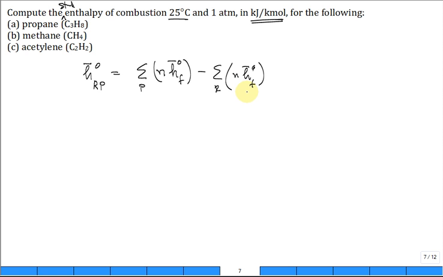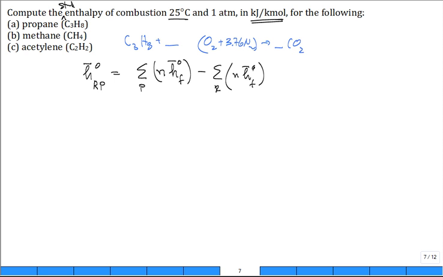True? So I do need to have a good idea of the coefficients for the terms which have non-zero enthalpies of formation. So let me just fit this in for propane. We'll start with C3H8 plus, I don't know how much excess air, goes to how many CO2s?